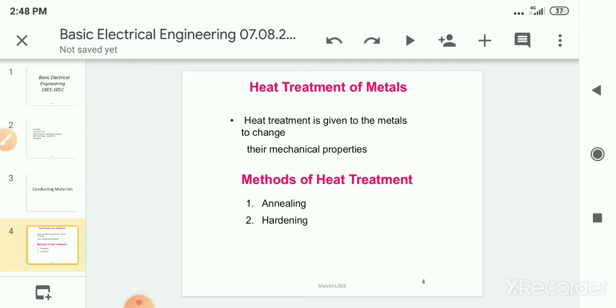All the things related to electrical engineering material. In this video we are going to learn about the heat treatment of metals.